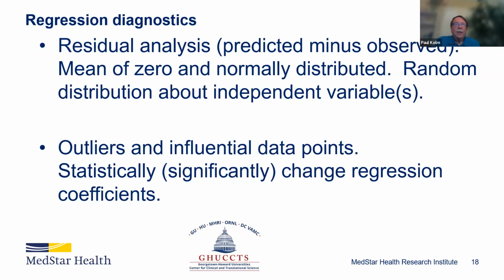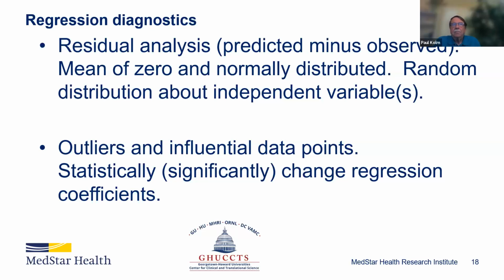So we'll look at a couple examples here. And so what we want to look for in our plot or in our data, and most statistical programs can identify these for you, are what we call outliers and influential data points. And just to point out that an outlier is not necessarily an influential data point.